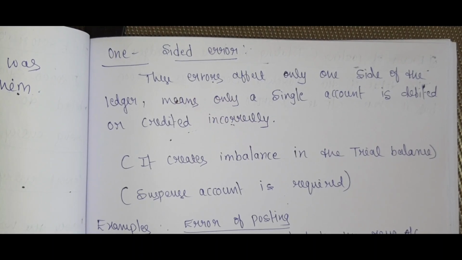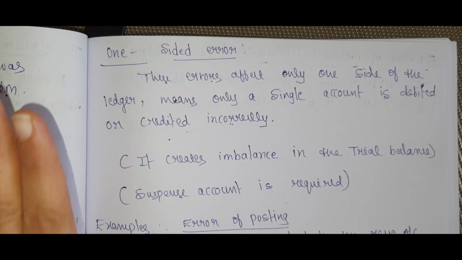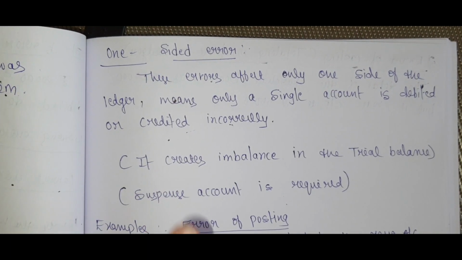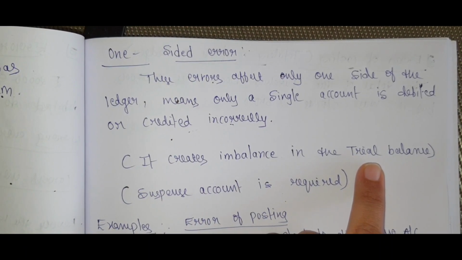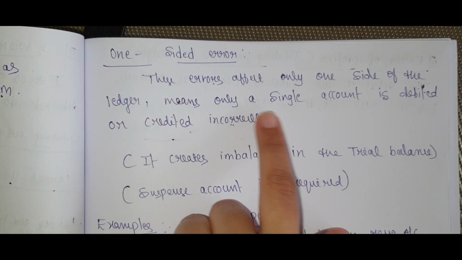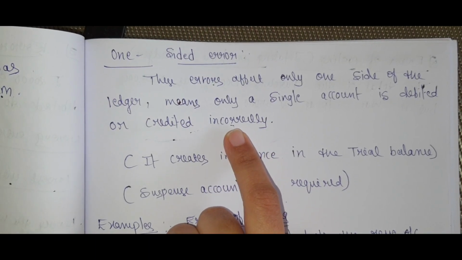Since double entry accounting requires both debit and credit for every transaction, one-sided error creates an imbalance in the trial balance.